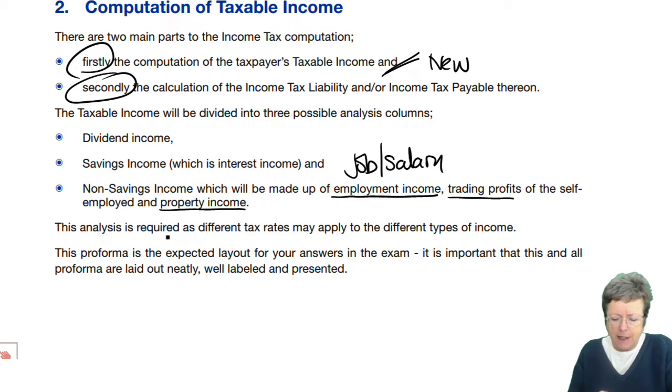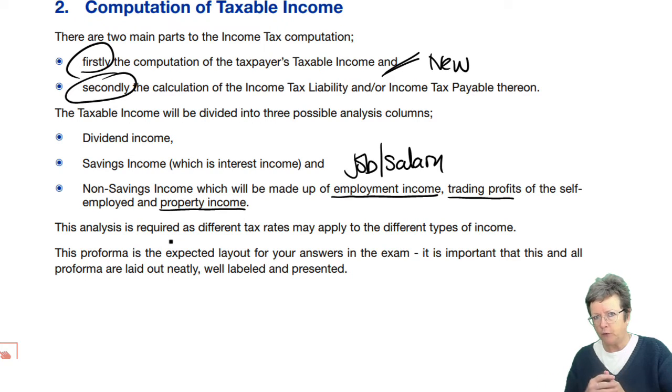The analysis is required as different rates of tax are applied to different types of income. That's why it's important that you follow the pro forma that I am going to show you today. This pro forma is what the examiner expects. It's what the model answers use.